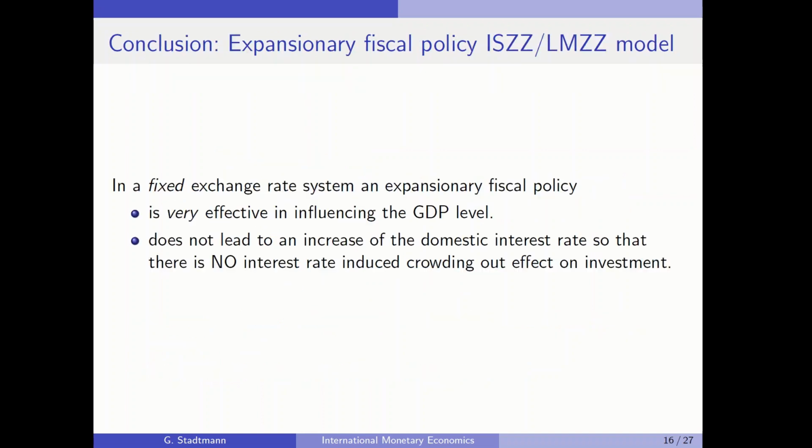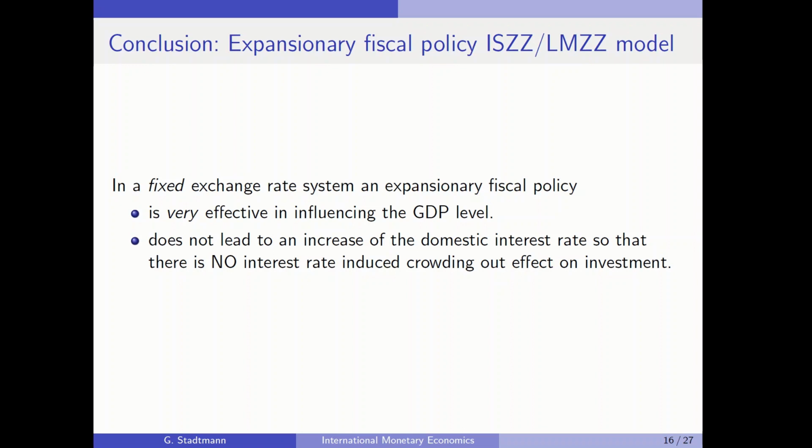So let's conclude with respect to the expansionary fiscal policy in the IS-ZZ LM-ZZ model. In a fixed exchange rate system, an expansionary fiscal policy is very effective in influencing the GDP level. It does not lead to an increase of the domestic interest rate, so that there is no interest rate induced crowding out effect on investment.